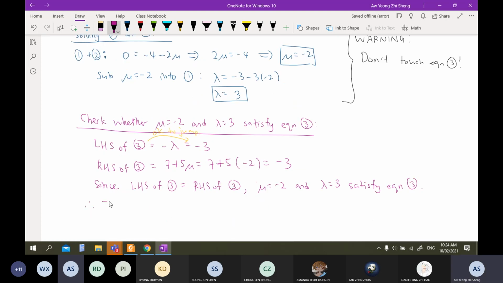And therefore, the system of equation 1, 2, and 3 has a unique solution for lambda and mu.